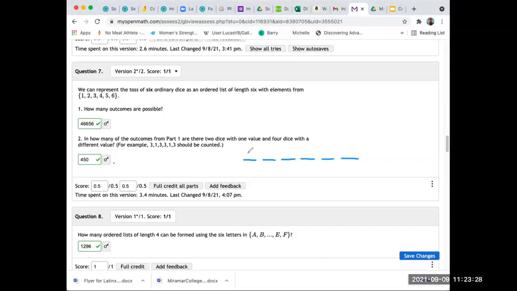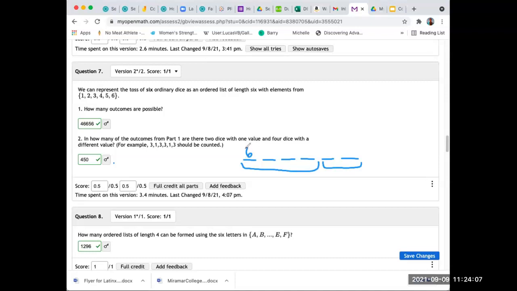So if we have two dice with 1 value and 4 dice with a different value. Okay, so for the 4, let's kind of just separate them. So this is 1 value and this is a different one. So for the 4 dice with 1 value, we have 6 choices. So let's say this is gonna be 1 through 6.